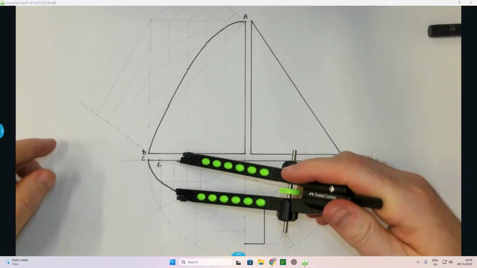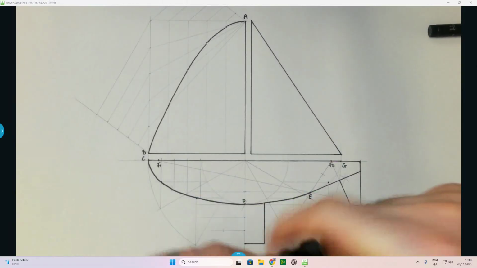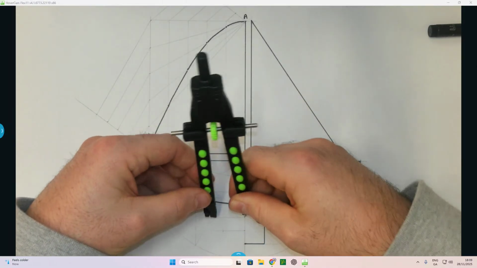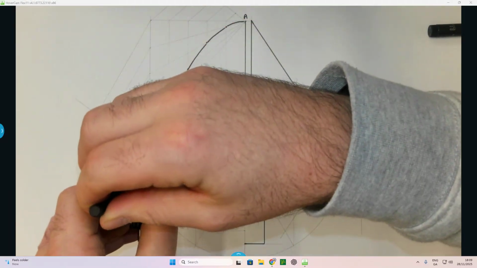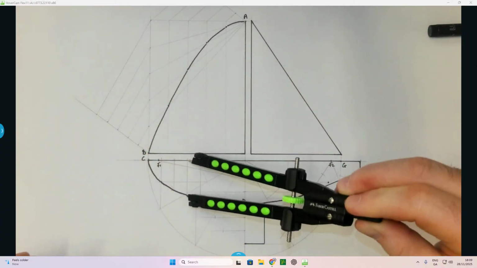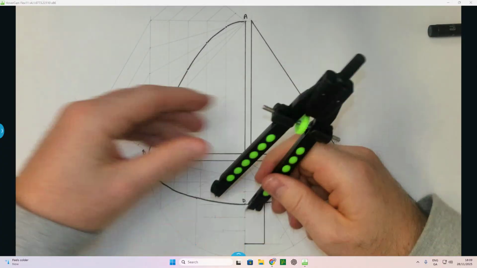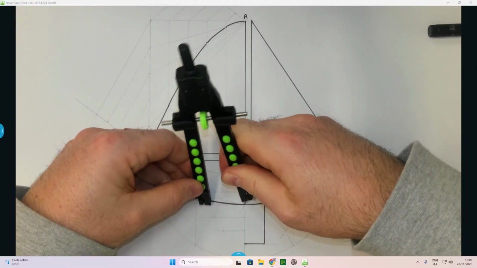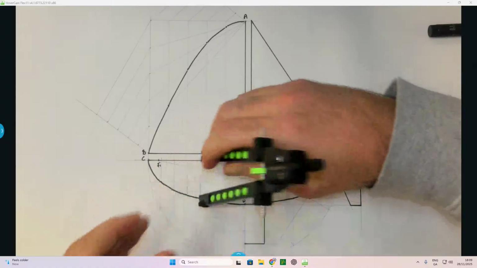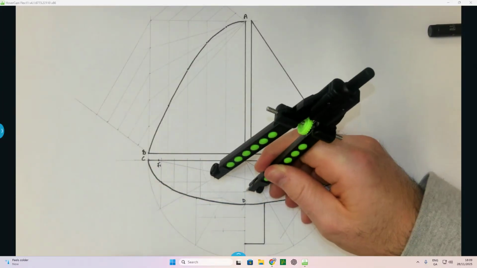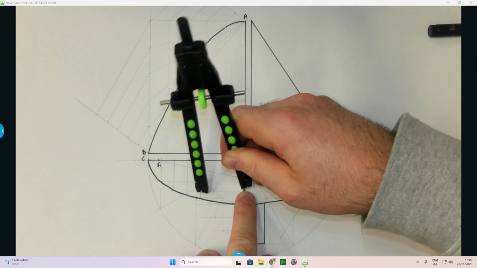That distance there, I'll go up to the 20mm mark. Now I'm going to take the distance for the 30. That distance there, I'll go to my 30mm mark, which is point D, and finally the 40. Because it'll match up, I'll go up to the 40mm mark.